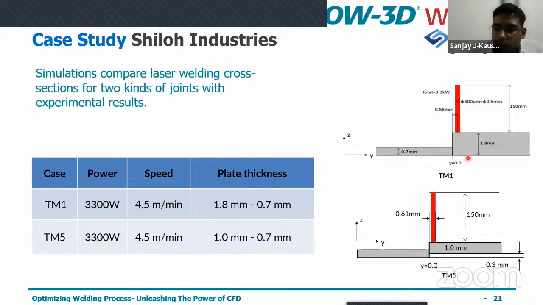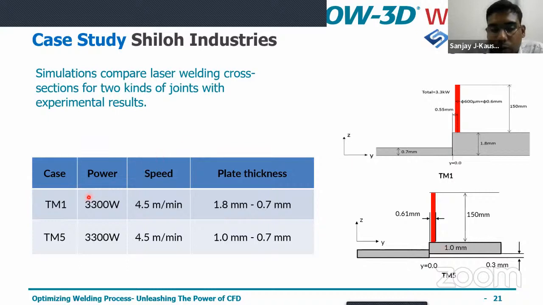So we have two parameters. These are actually two different kinds of sheet metals. We have two plates over here, which is 1.8 mm and this is 0.7 mm. This is case one, and we have case two, where this is actually at a distance. This is perfectly matched in the bottom area, but here we have wedged it at a height to do the simulation, and the thickness of the plate is also different from the first one.